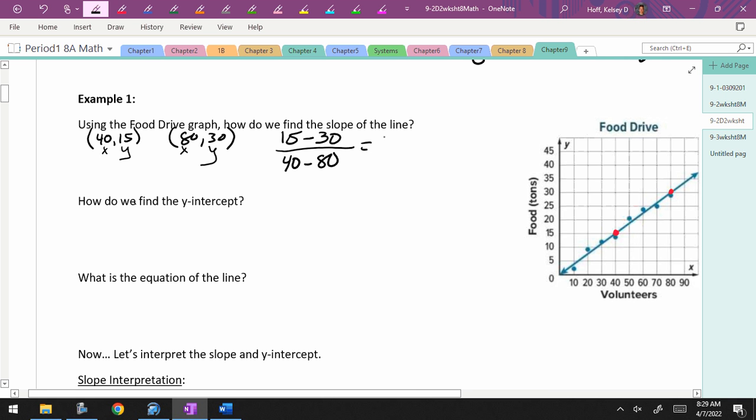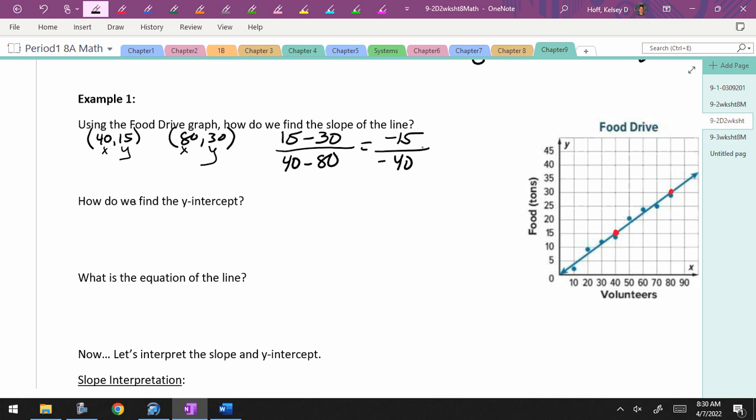15 minus 30, I'll tell you, is negative 15. 40 minus 80 is negative 40. Sarah's got a calculator out for us. Ms. Hoff is absolutely going to let us use decimals here. Negative 15 divided by negative 40. Just do the 2 numbers: negative 15 divided by negative 40.